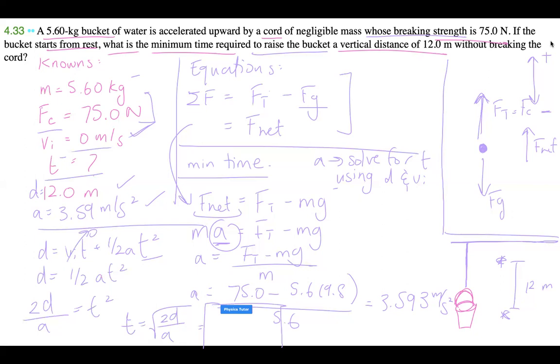It's going to be 2 times 12 divided by 3.593, and then square root that. And when I do that, what I get is that T is equal to 2.58 seconds.